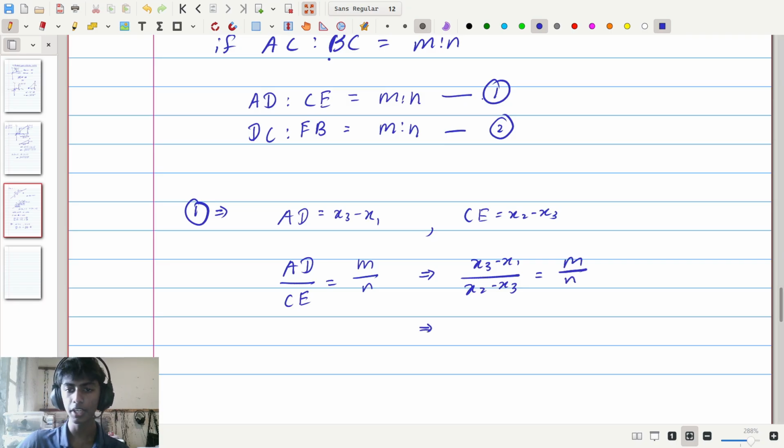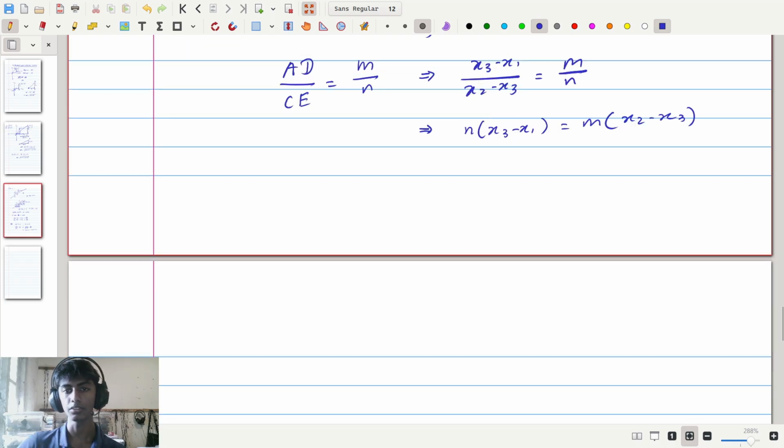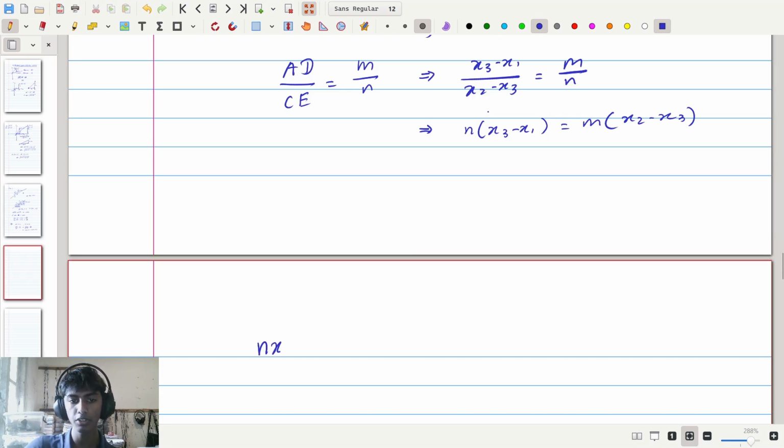Doing some cross multiplication on this, we can see n times (x3 minus x1) is equal to m times (x2 minus x3). And now, if I distribute the n and m, I get n times x3 minus n times x1 is equal to m times x2 minus m times x3.